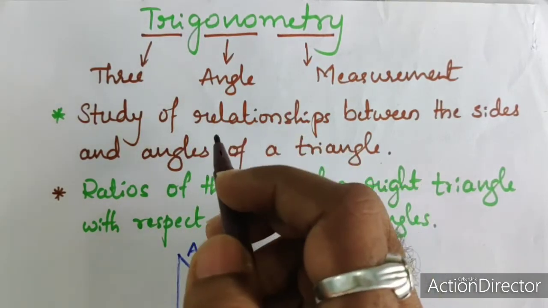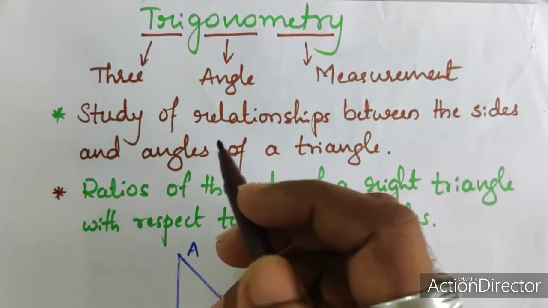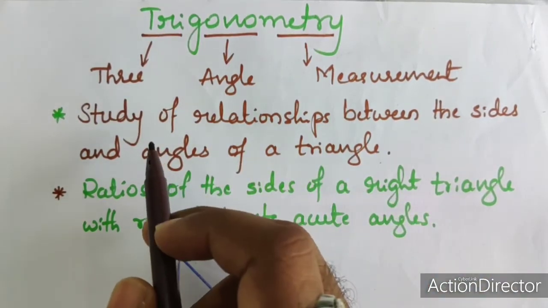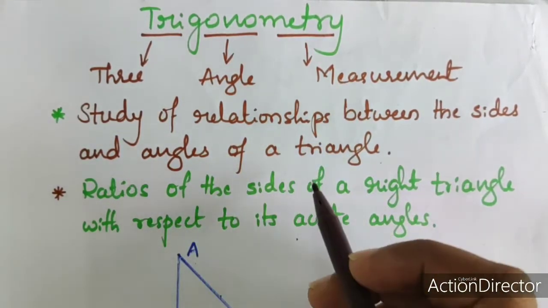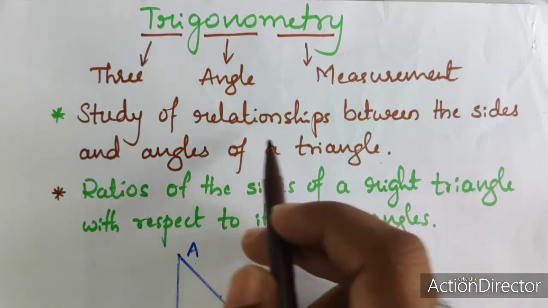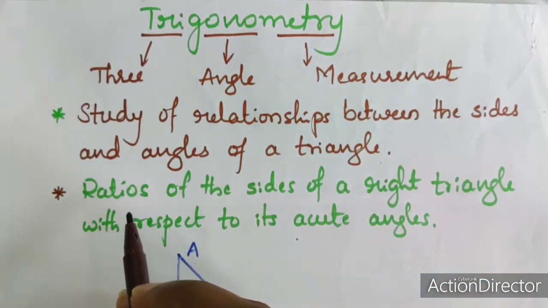When you say three angle measurement, it is very clear to you that we are dealing with a triangle. Especially we study the relationships between the sides and angles of a triangle. So when you say relationships, it's all about ratios.